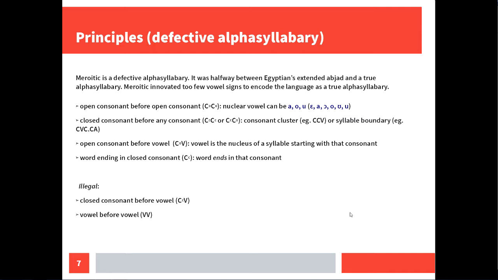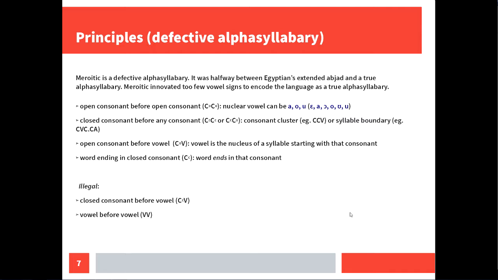Now, how strictly people want to treat Meroitic as an alphasyllabary depends. I think most Meroiticists understand that the language is a bit more nuanced than that. There are exceptions, there are details, and the absence of a vowel sign between 2 open consonants does not necessarily mean that the nuclear vowel is an A.